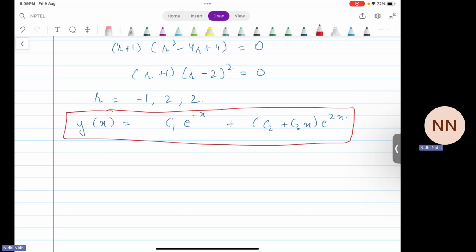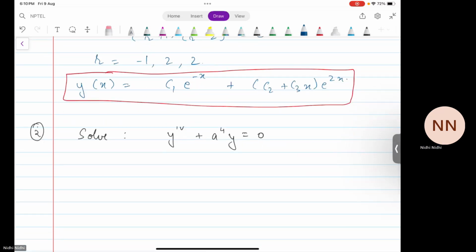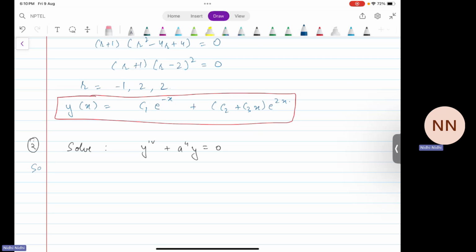Okay, let's move to the next question. Solve the fourth derivative of y plus a power 4 y equals 0. Solution.